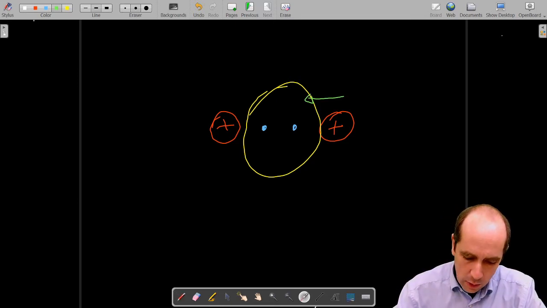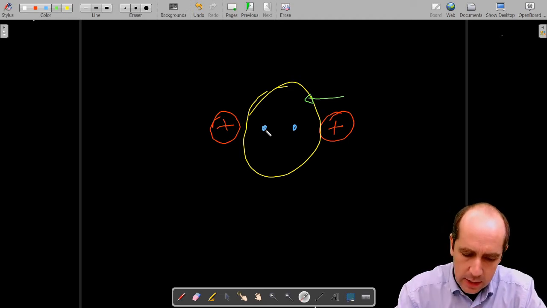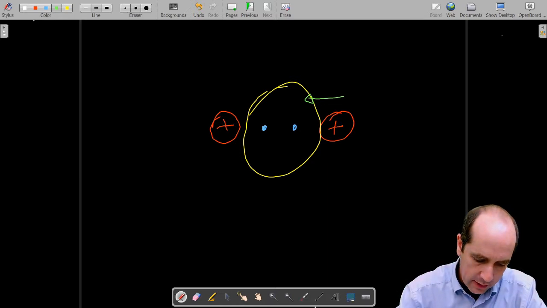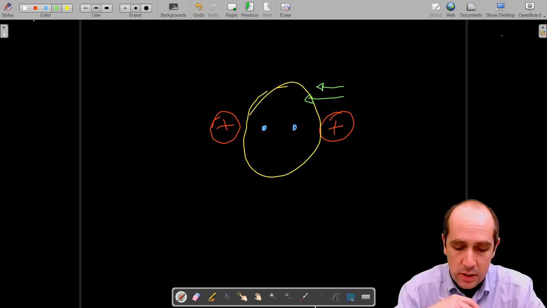Then there will also be a weaker but still relatively strong force, the attraction of this other electron to this nucleus. So we will have one more force that is a little bit smaller than the other one, but still in the same direction, attracting the nucleus towards the center of the molecule.